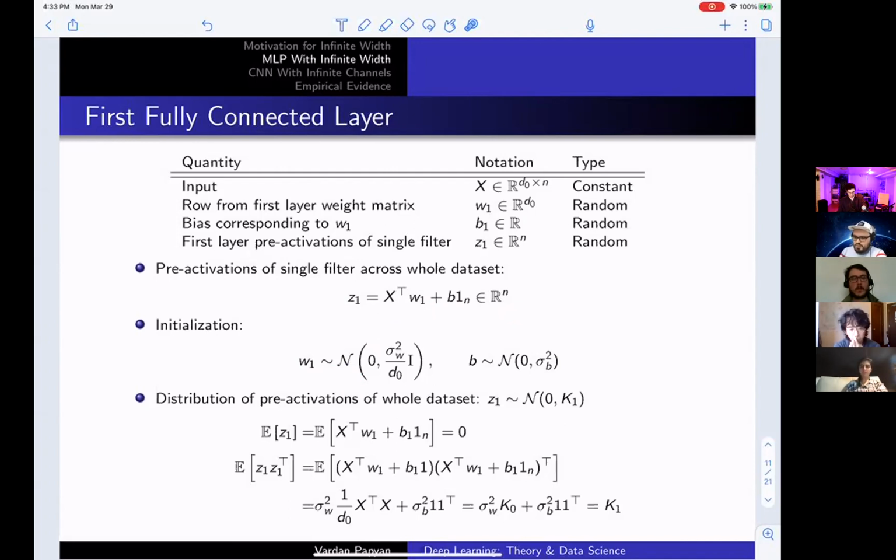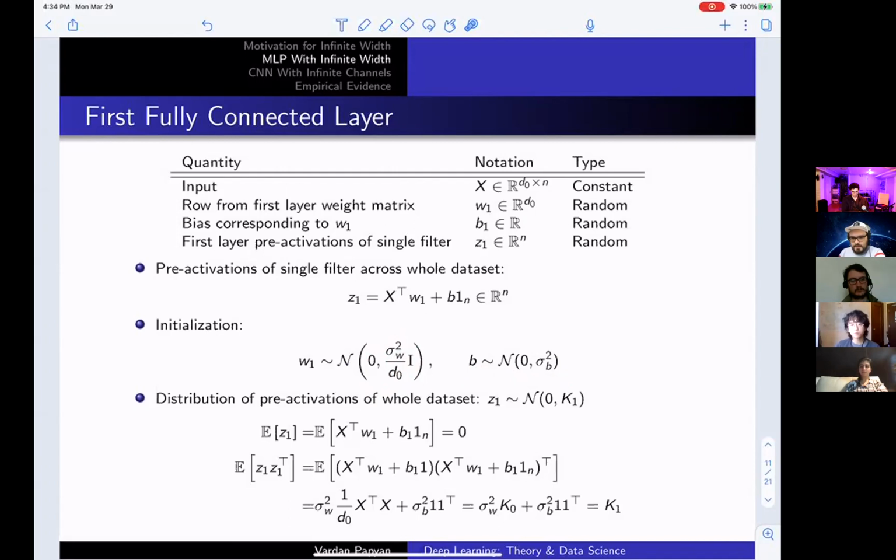So usually the way you initialize networks is you set the entries of the weights to be zero mean and a certain variance. Here we're writing a strange variance, which is sigma W, the variance of the weights, divided by the input dimension, but it doesn't really matter. You can think of this as a number. Moreover, we're going to assume that the bias is initialized from a normal distribution as well.